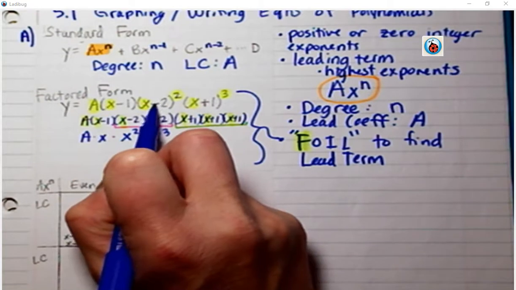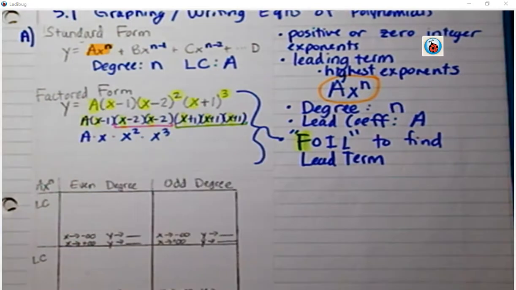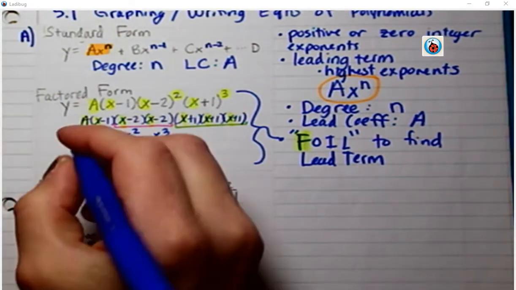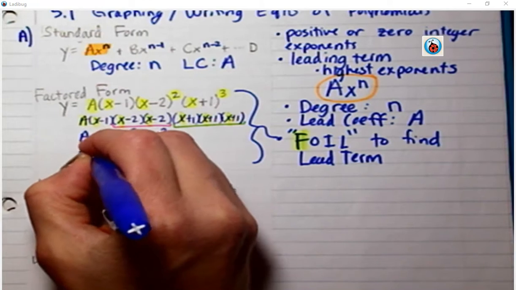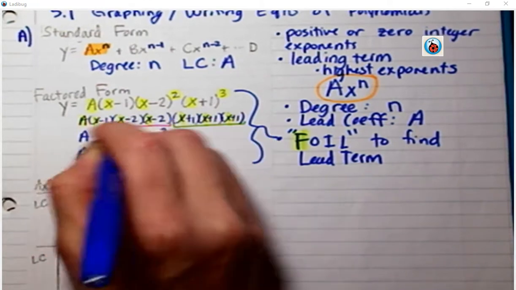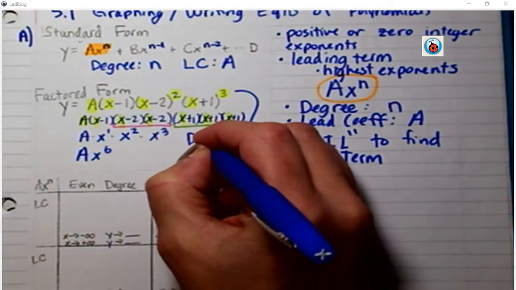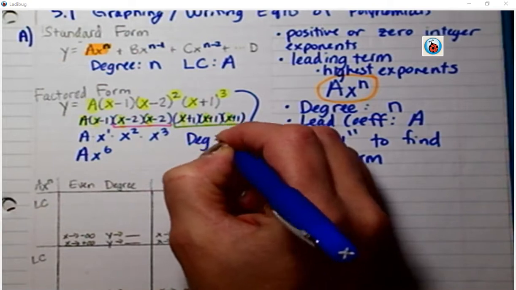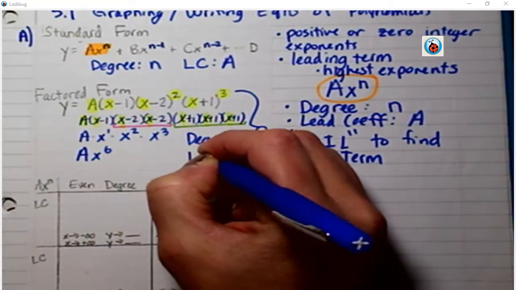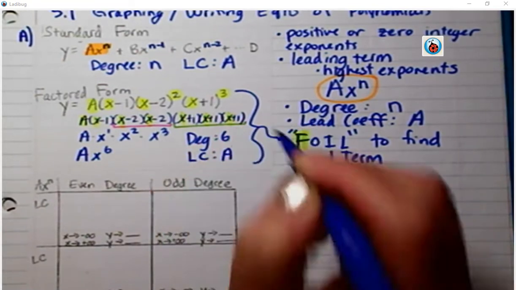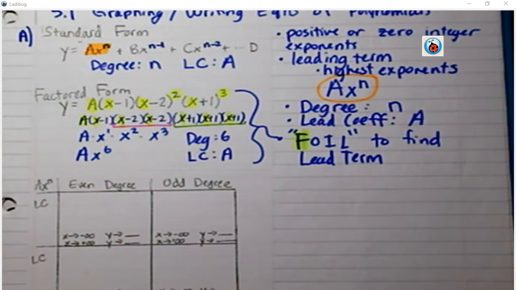Yellow, pink, green. That's your leading term: a, x, add the exponents. Add the exponents when you multiply. So the degree is 6, and the leading coefficient is a.